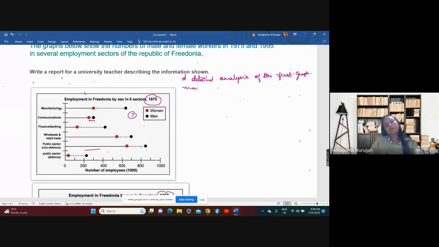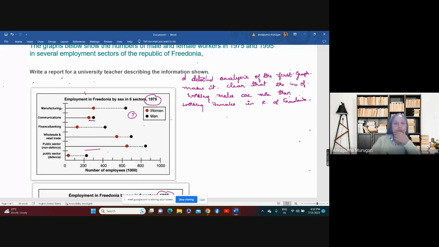Isn't it? So here, if you see, the number of working males is more than the number of working females, right? That's one idea over. Now this idea again we will not be talking about.